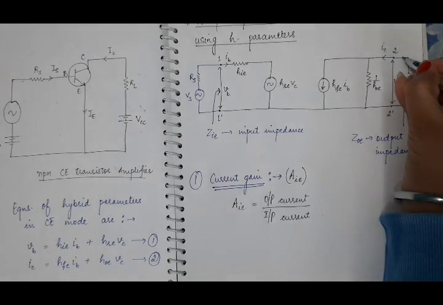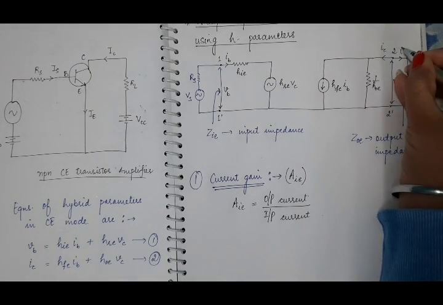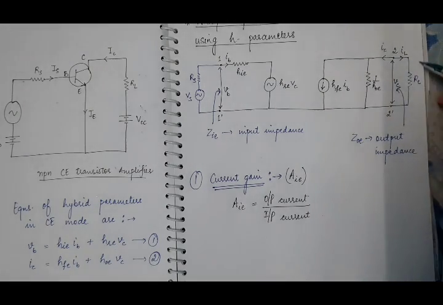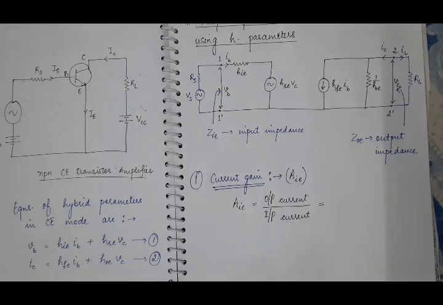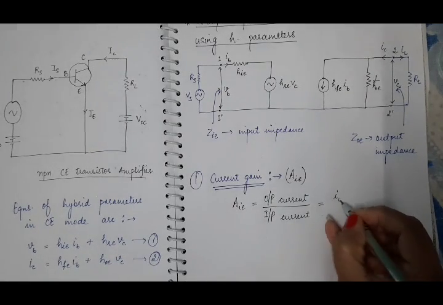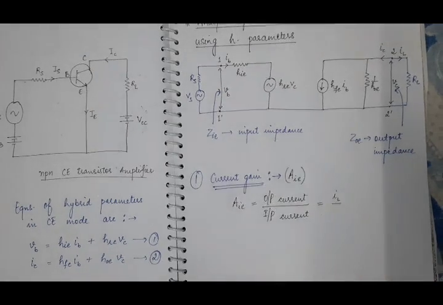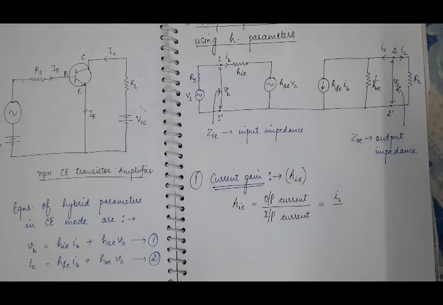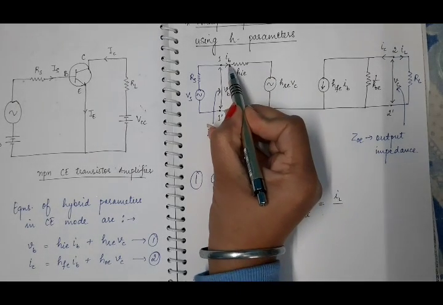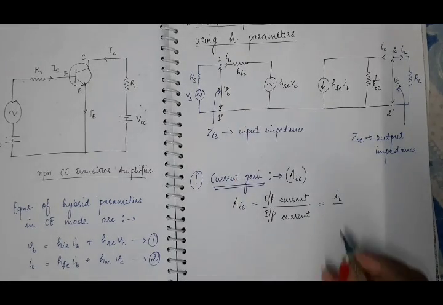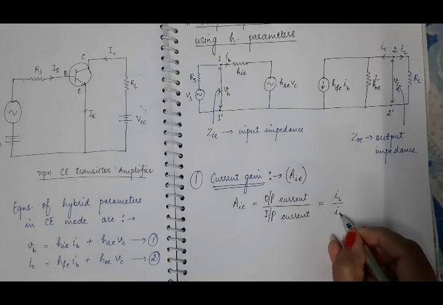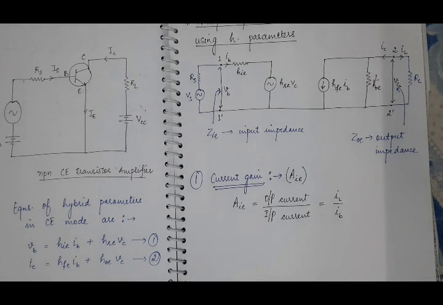Suppose IL is the current which is flowing through RL. So the output current is IL, and the input current is IB, which is flowing through impedance HIE. So this current gain is the ratio of IL and IB.